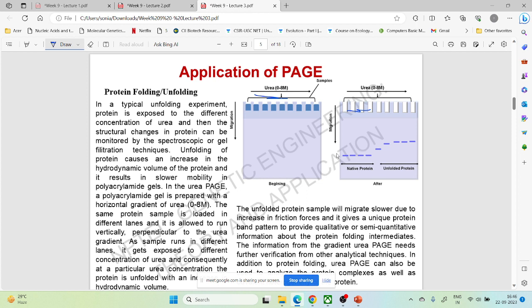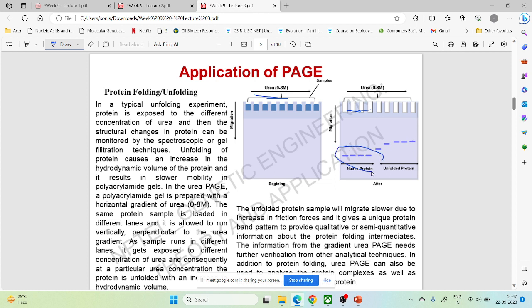You can see native protein and unfolded protein. The logic is the same: when something is getting unfolded, it is not that compact. The compactness decreases as the protein unfolds, and therefore the migration is also less.